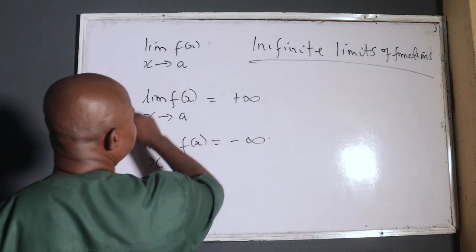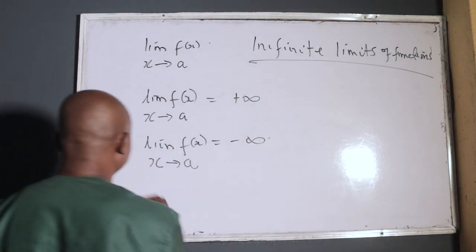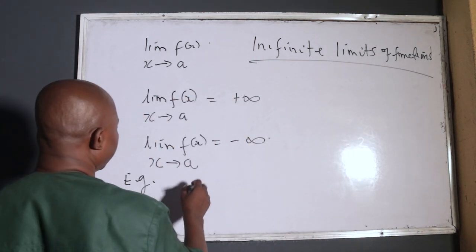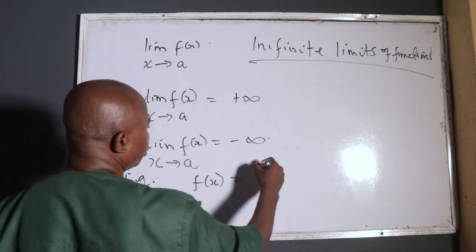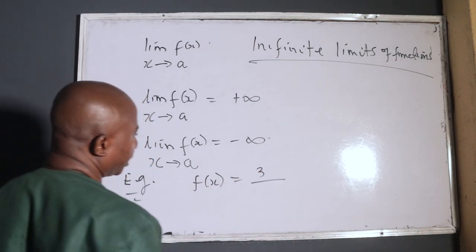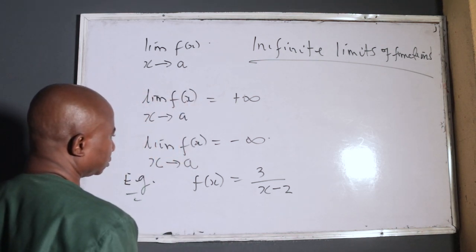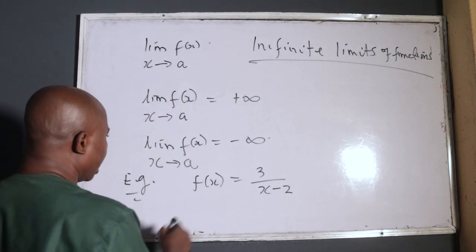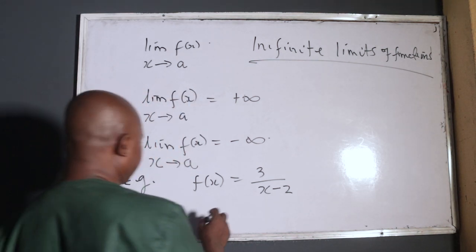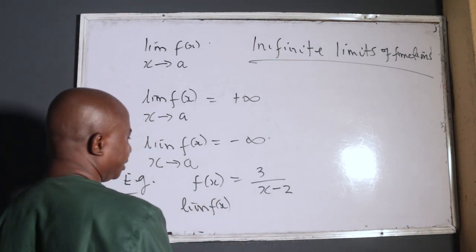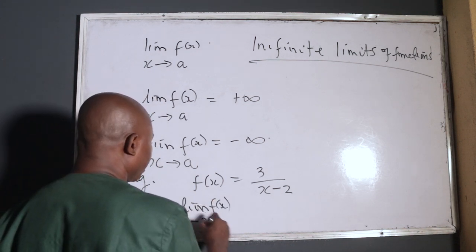Without spending much time, let me give this example. Let f of x be 3 over x minus 2. We want to see what the limit of f of x is as x approaches 2.